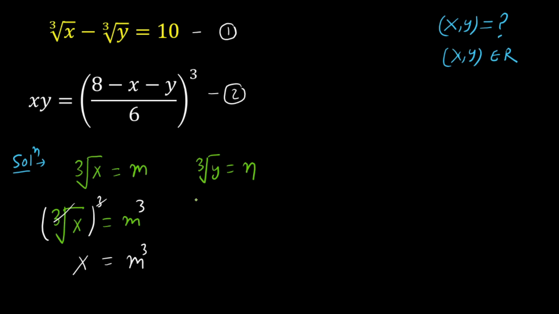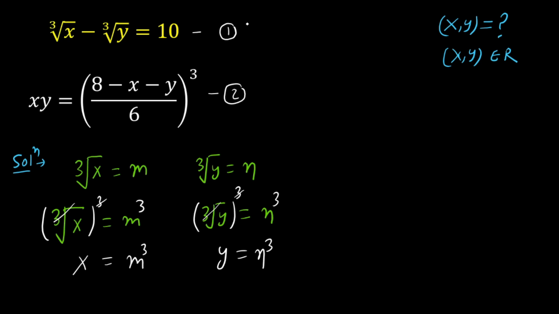Similarly, cube root of y equals n, and taking the cube on both sides, the cube root is cancelled out by the cube, so y equals n cube.